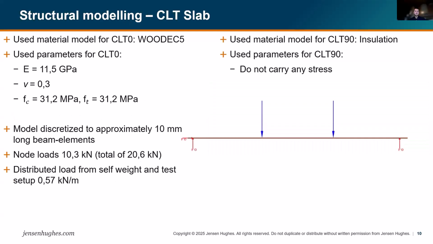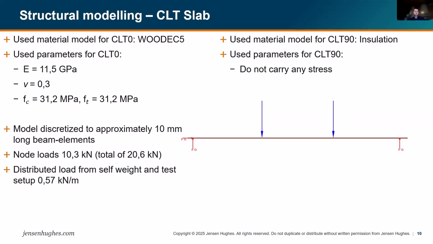About structural modeling, the material model used for the load-bearing lamellas, CLT0, was wood EC5, and the material model for the non-load-bearing lamellas was insulation, so it did not have any ability to carry any stress.